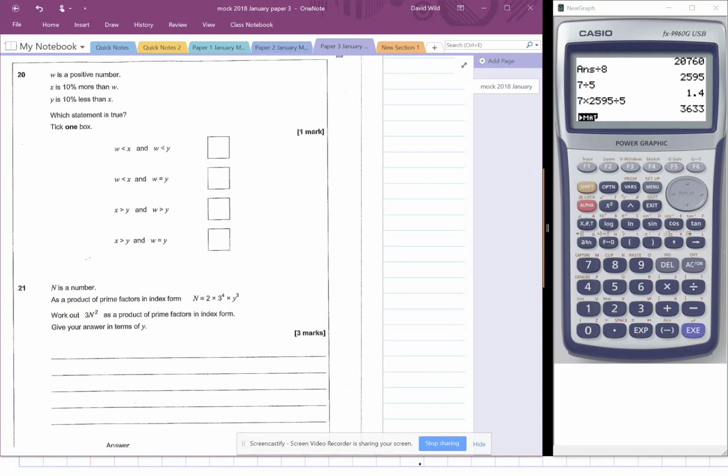Question 20. W is a positive number. Okay, and x is 10% more than w. So what can we do with that? If x is 10% more than w, then x is 110% of W, so that's 110% is 1.1 W. So x is 1.1 W. W is a positive number, so we know that W is greater than 0.